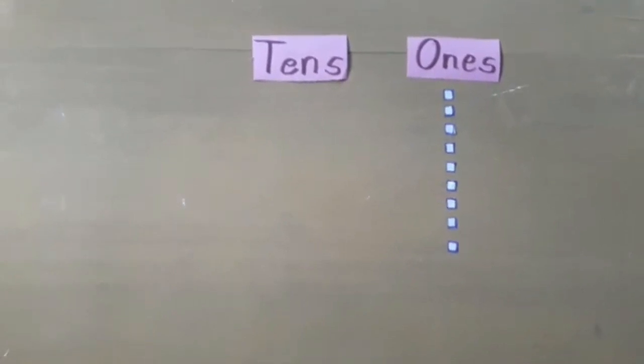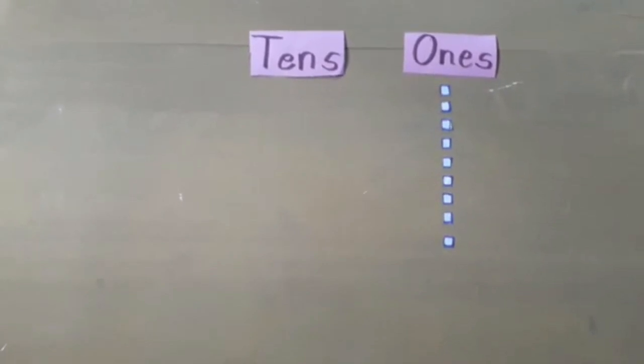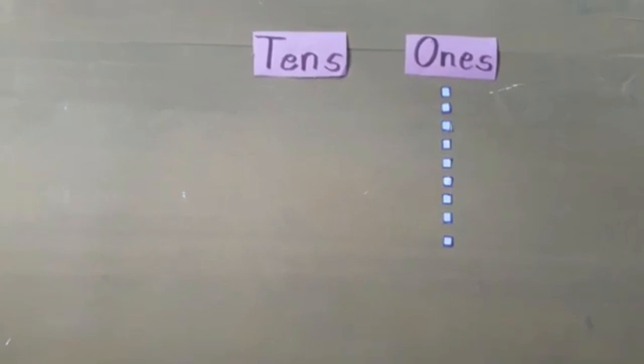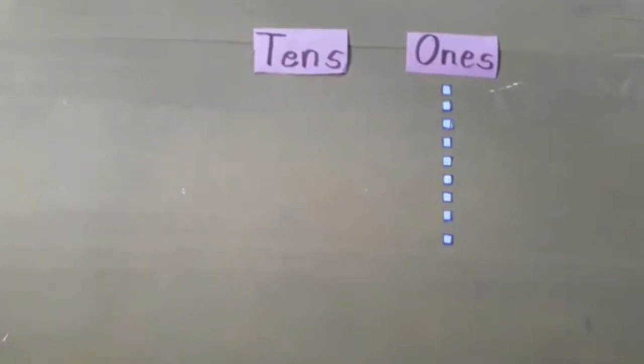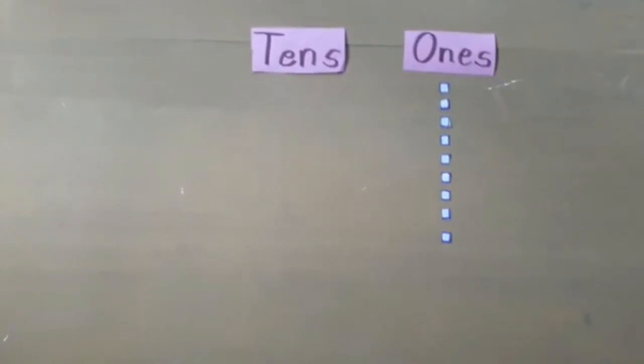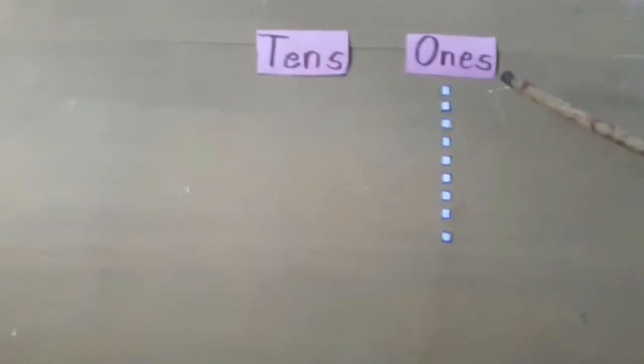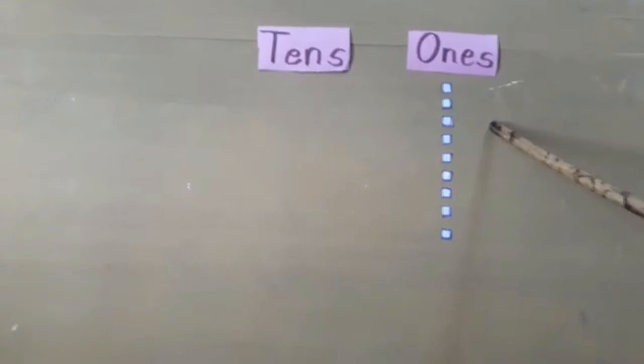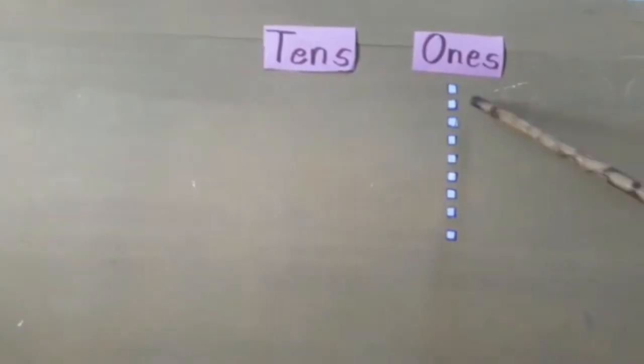As we know, the smallest one-digit number is 1 and the greatest one-digit number is 9. We know that 1 to 9 are single-digit numbers and we write them in the ones column. So let's see here how we write the next numbers.